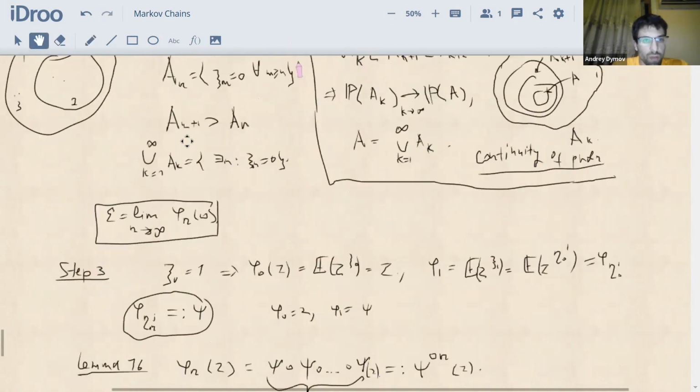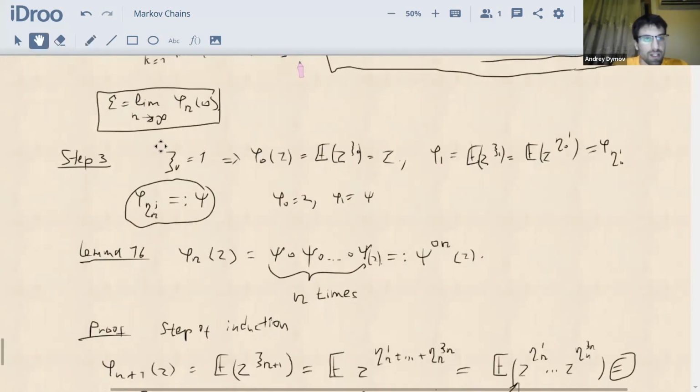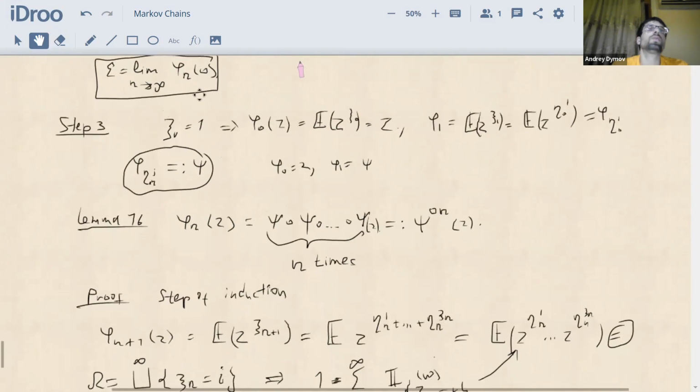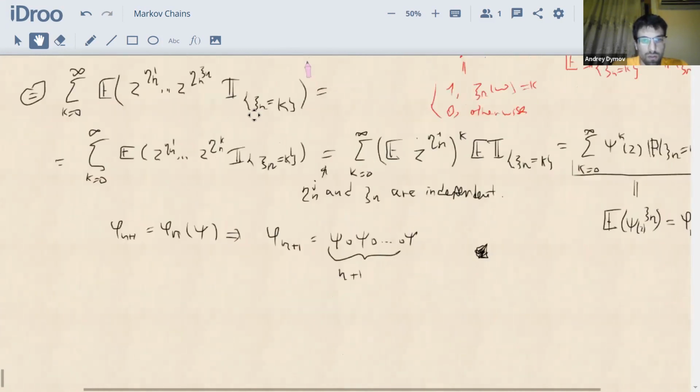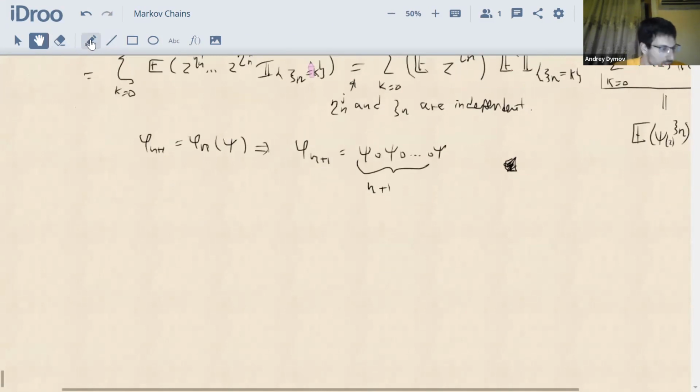Okay, so now we have a very nice result. We know that the probability we're interested in is just such a limit of generating functions when n goes to infinity at 0. And then we know explicit formulas for the nth generating function. So it turns out we need to compute this limit. I will call it step 4.